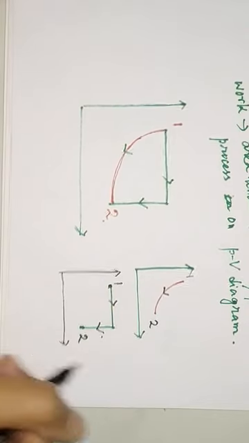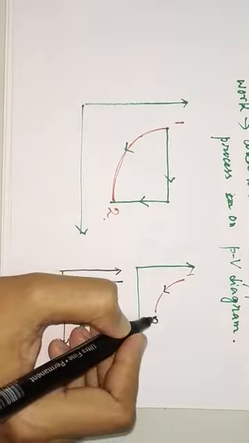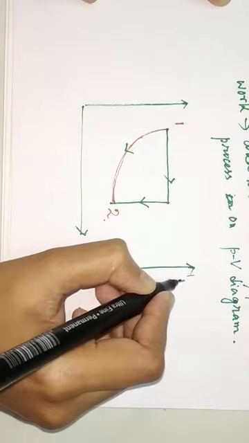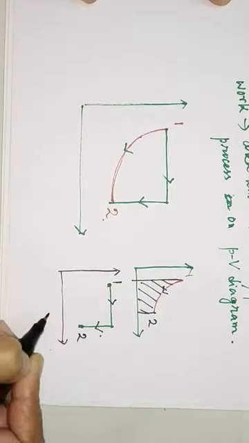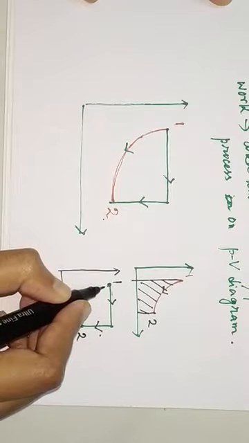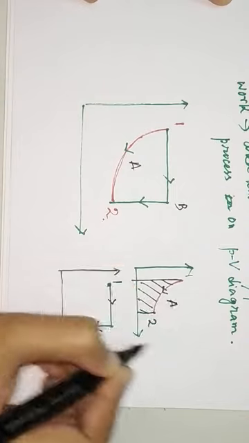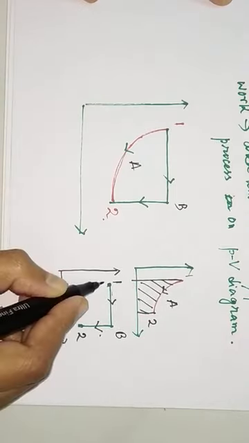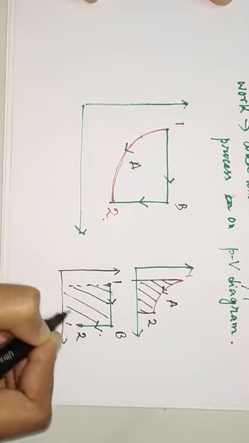Okay, so as we know, the work done will be the area under the path of a process or the curve. So here, what is the area under the curve? The area under the curve is this one. And for the second process, this one is process A, and this is process B. In case of process B, this is the area under the curve.